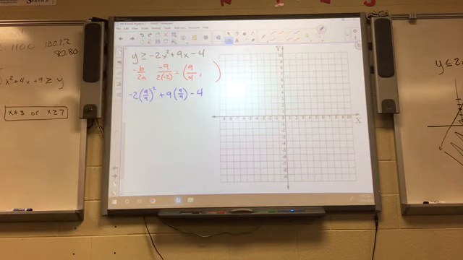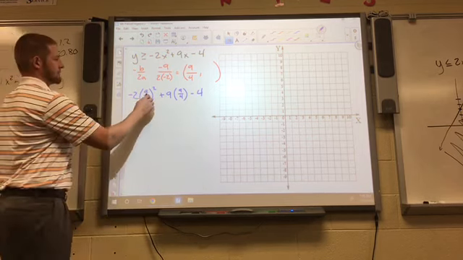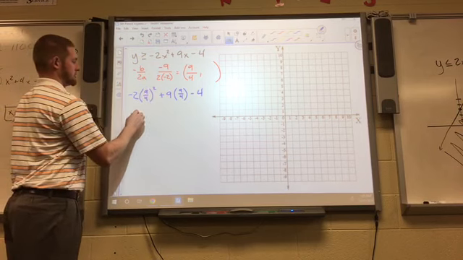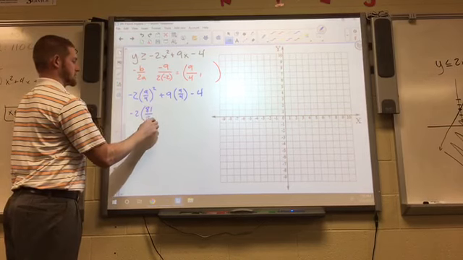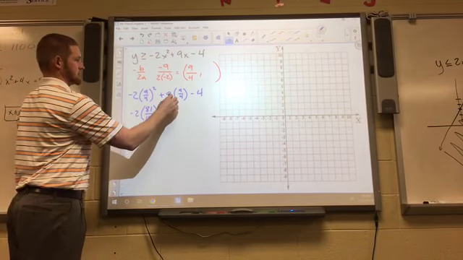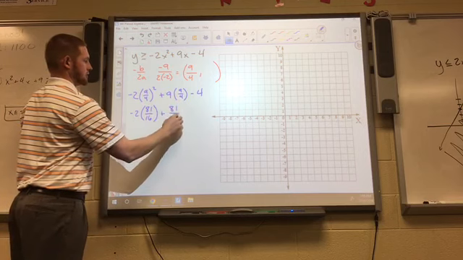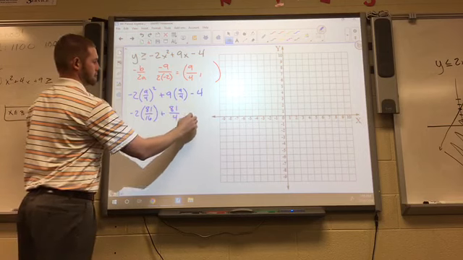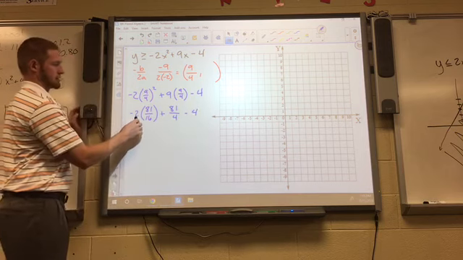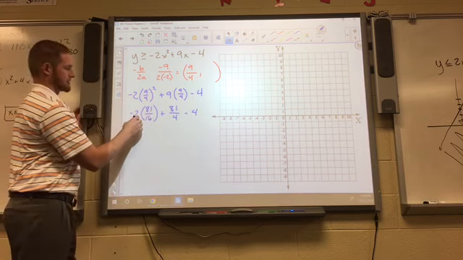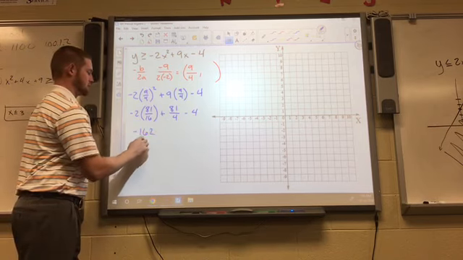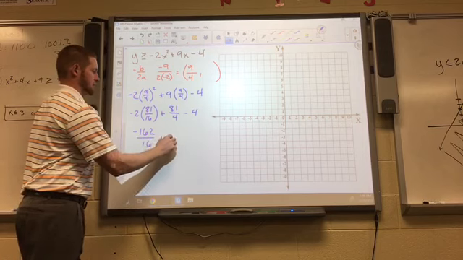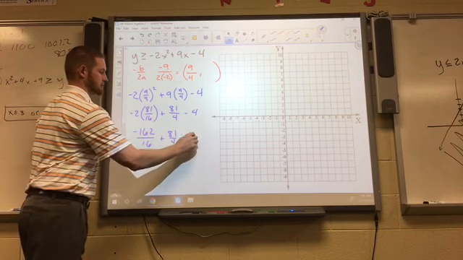On this one, if I were you, I'd probably plug it into a calculator once I get to a point. 9/4 squared is 81 over 16, plus 9 times 9/4 is 81 over 4, minus 4. Let's distribute: negative 2 times 81 is negative 162 over 16 plus 81 over 4 minus 4.